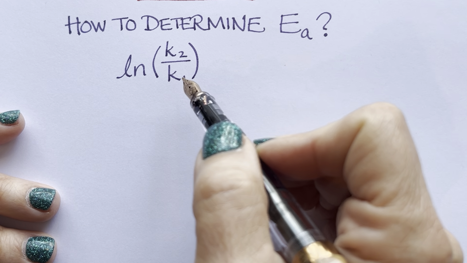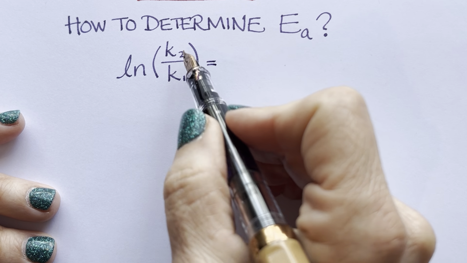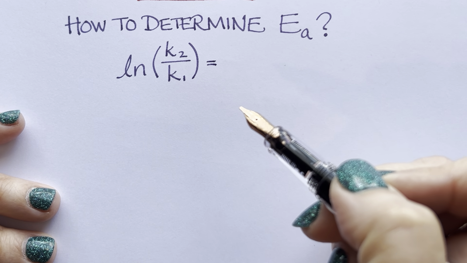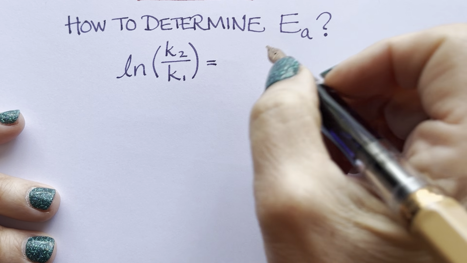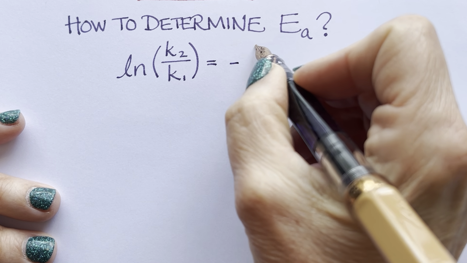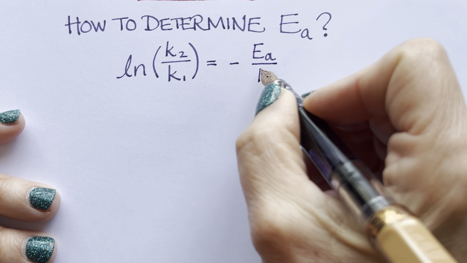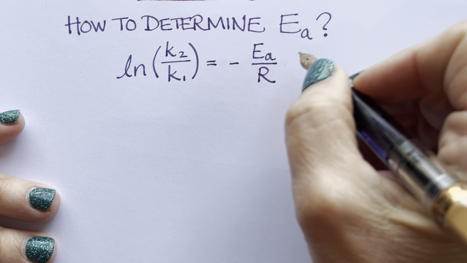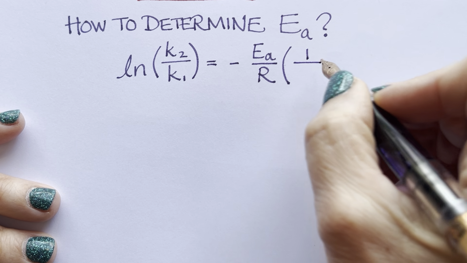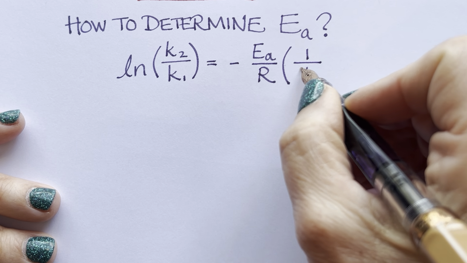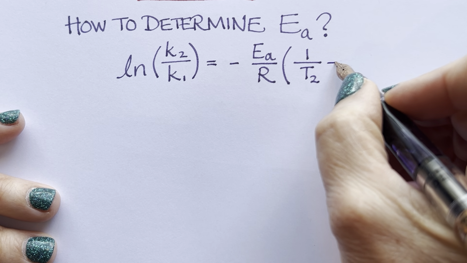So the natural log of the ratio of the rate constants at two different temperatures is equal to activation energy divided by gas constant, multiplied by the reciprocal of one temperature.